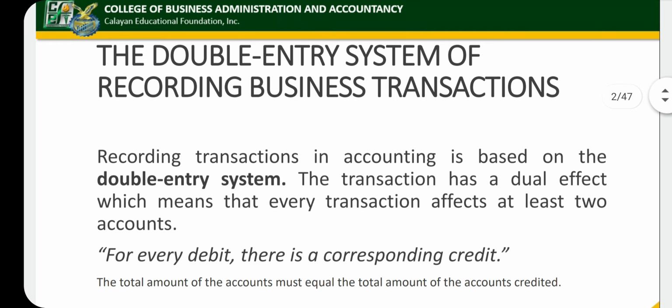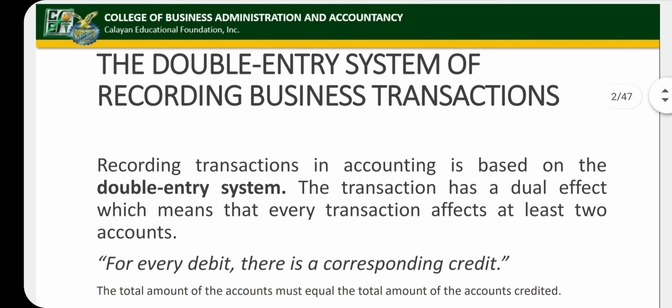Okay, so recording transactions in accounting is based on the double entry system. The transaction has a dual effect, which means that every transaction affects at least two accounts. So, meaning to say, for every debit, there is a corresponding credit. For example, you purchase supplies from your supplier.